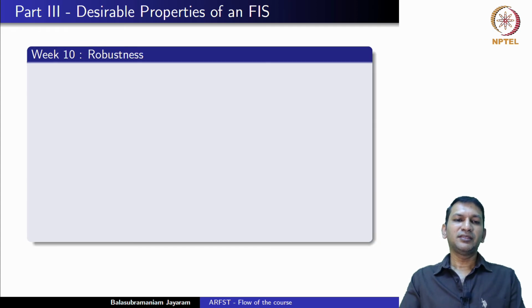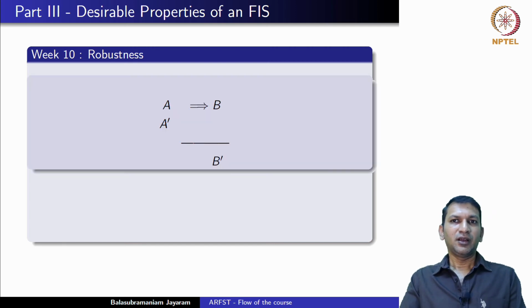The next property that we will deal with is that of robustness. While continuity discussed whether the closeness between A dash and A is being carried over to between B dash and B, in the case of robustness, we discuss a slightly different concept.